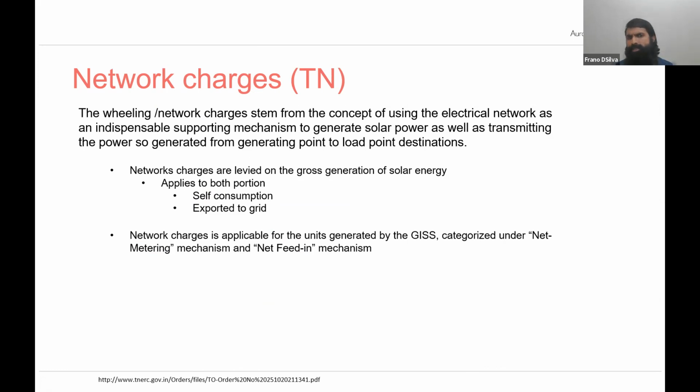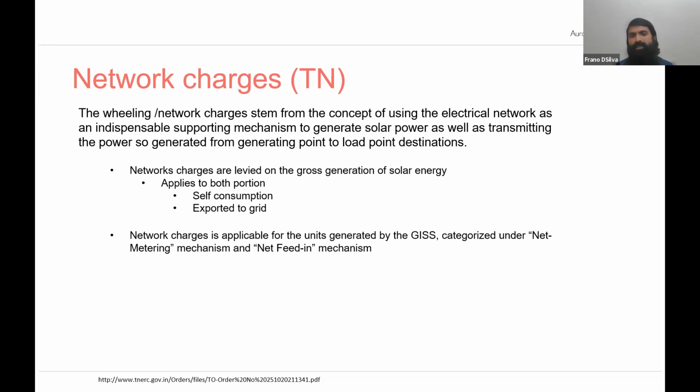And the network charges are levied on the gross generation of your solar energy system. That is, they would be applied to both your self-consumption as well as your units exported to the grid.